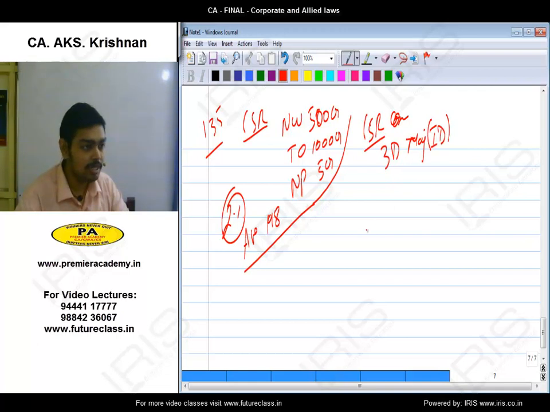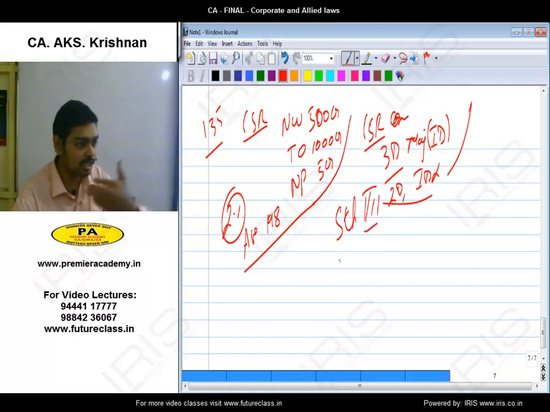For a private limited company, three directors are not required, only two directors, and an independent director is not required. And what is the CSR policy? See Schedule 7, the CSR policy.